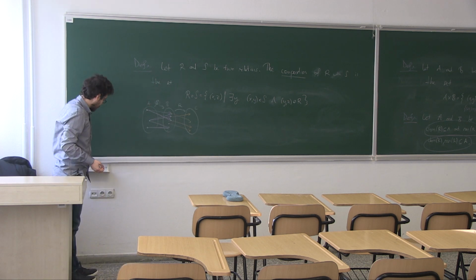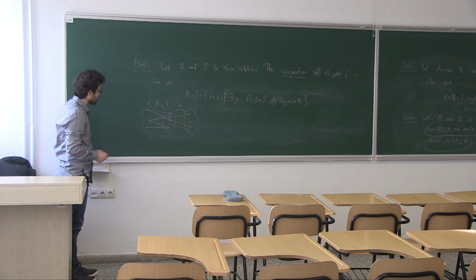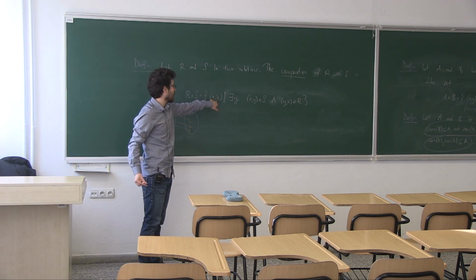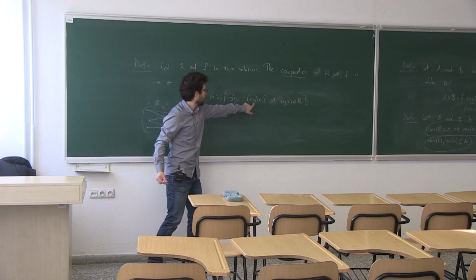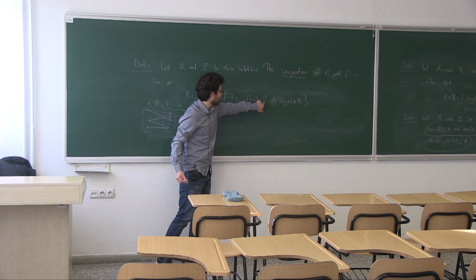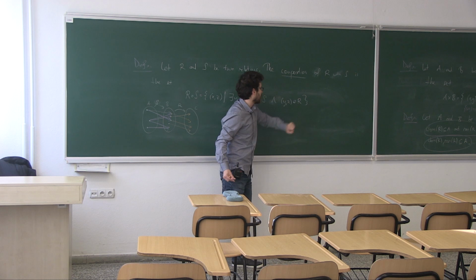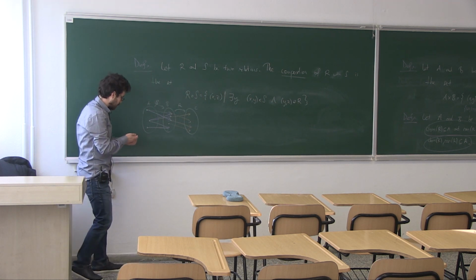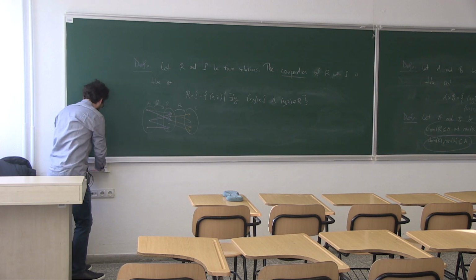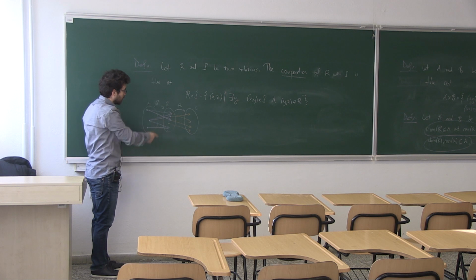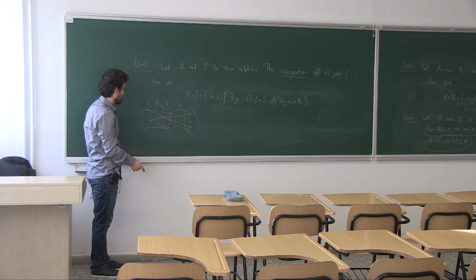Now the composition is, let's read the definition. It's supposed to be the set of ordered pairs X, Z such that there exists some Y so that X and Y are related to each other by S, and Y and Z are related to each other by R. So these green arrows I'm about to write down are supposed to represent the composition.